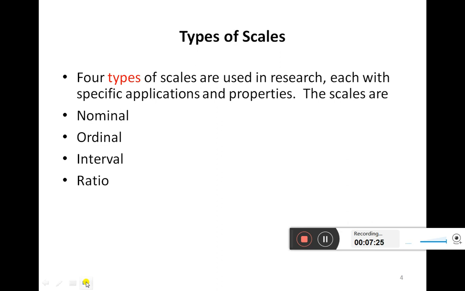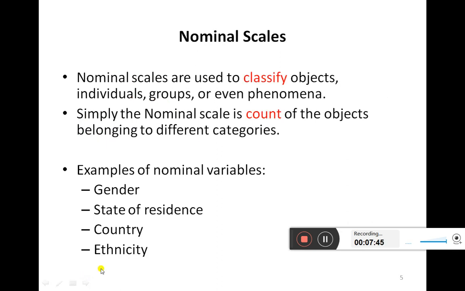Now, as I told you, categorically we have 4 scales. One is the nominal scale, another is the ordinal scale, another is the interval scale, and the last is the ratio scale. Let's start from the first, the nominal scale.